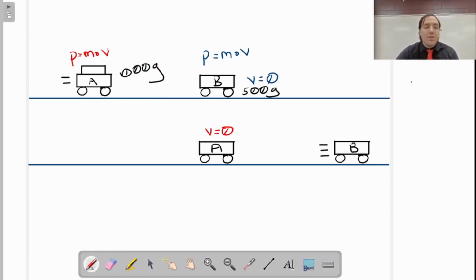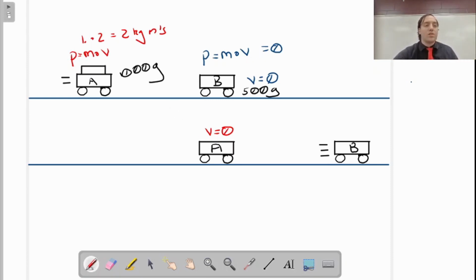If we change the mass so that the mass of cart A is much larger and still have it move at 2 meters per second, the total momentum is the 2 kilogram meters per second here plus the 0 kilogram meters per second here, which gives me a total momentum of 2 kilogram meters per second.